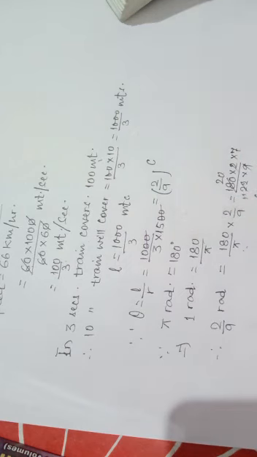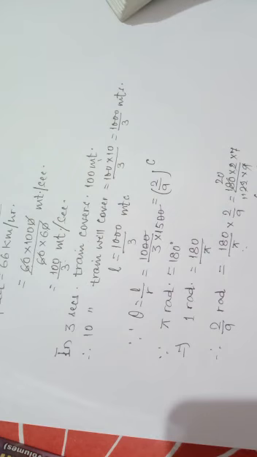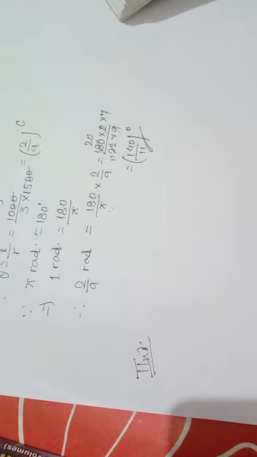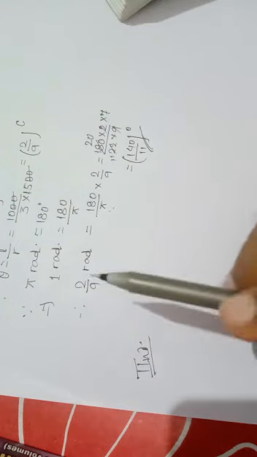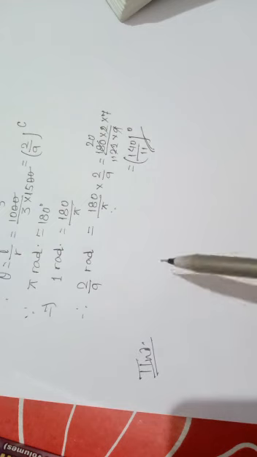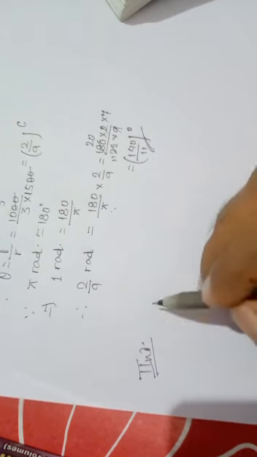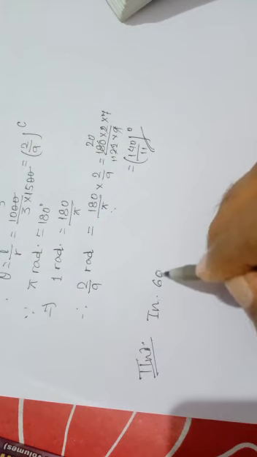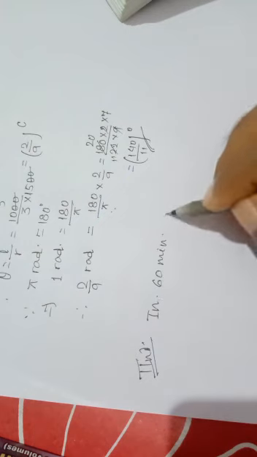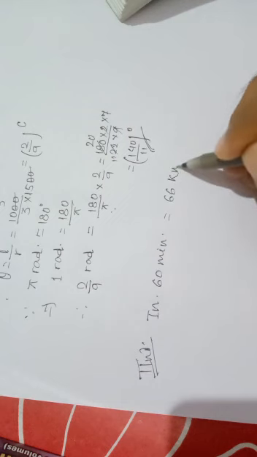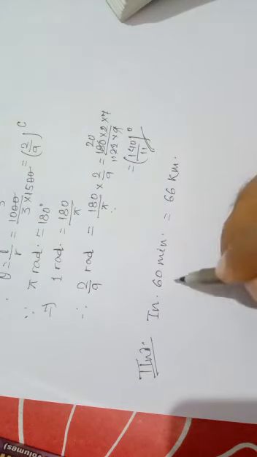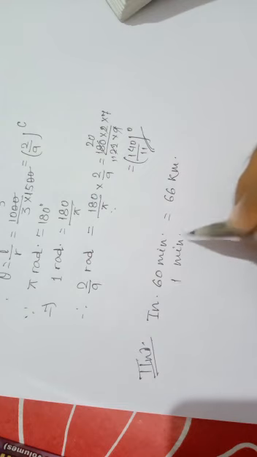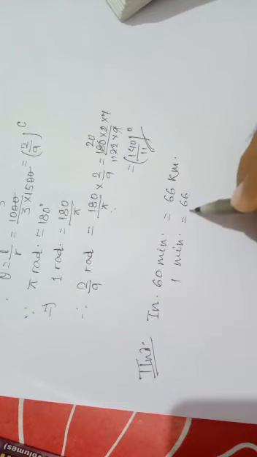You can also solve the same problem by another method. See the another method. So second method, see what is given. Train covers 66 kilometer in 1 hour, means in 60 minutes the train covers 66 kilometer. So in 1 minute it will cover 66 by 60 kilometer.